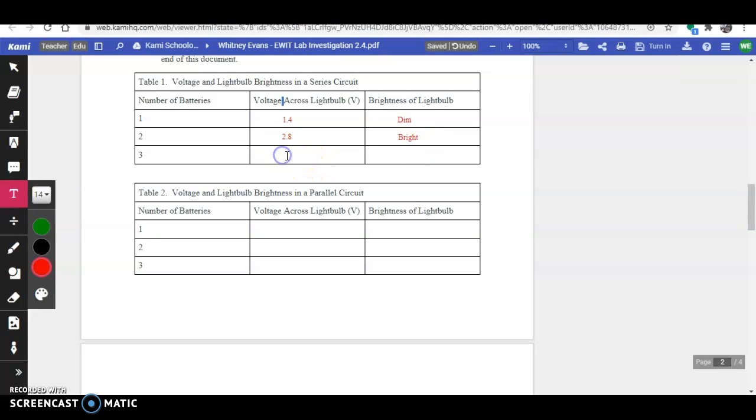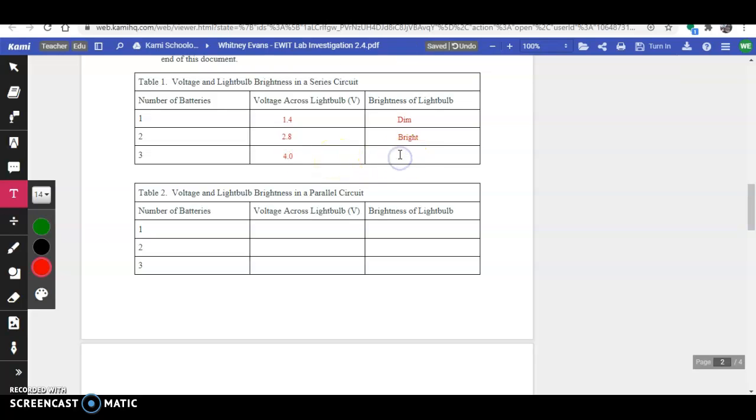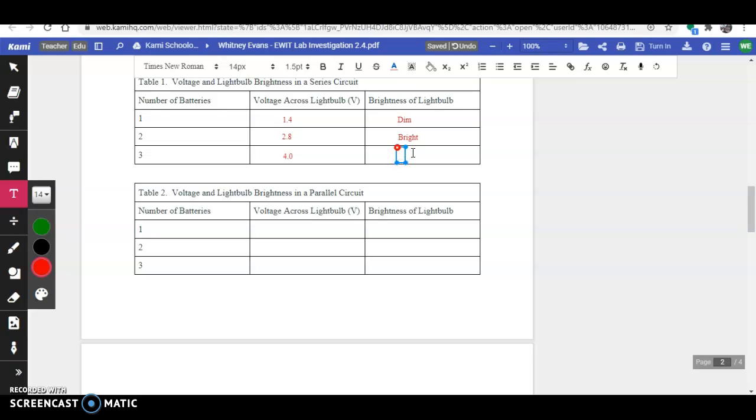But then adding a third makes the voltage 4.0, and that was even brighter than two batteries. So as you increase the number of batteries, you're increasing the voltage, and you're also causing the brightness of the light bulb to increase.